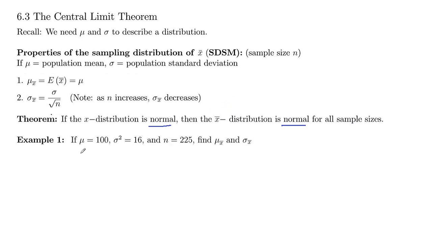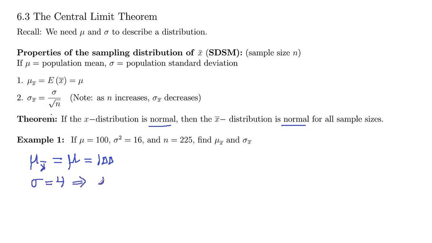So let's look at an example. Let's say the parent distribution has a mean of 100 and variance of 16. N is 225. We want to find the mean and standard deviation of the x bar distribution. So mu sub x bar is just mu, the population mean, which is 100. And then if sigma squared is 16, that means that sigma is equal to 4.